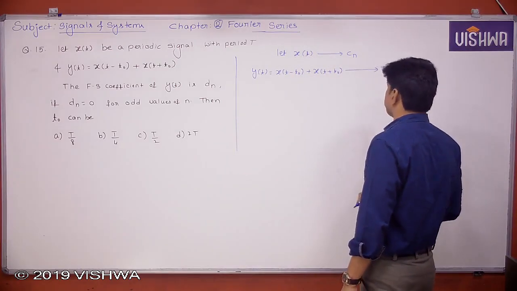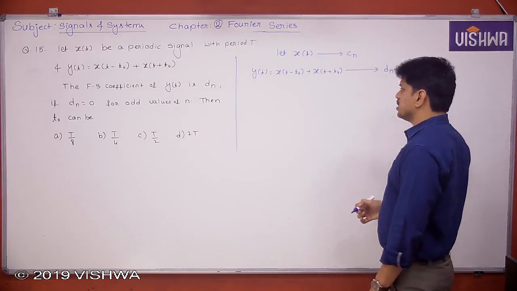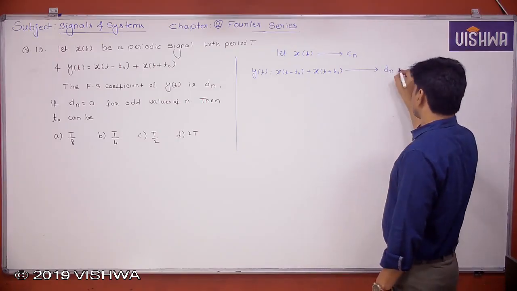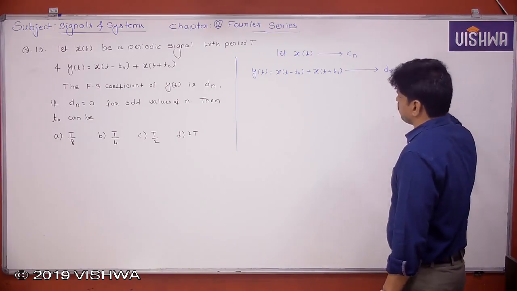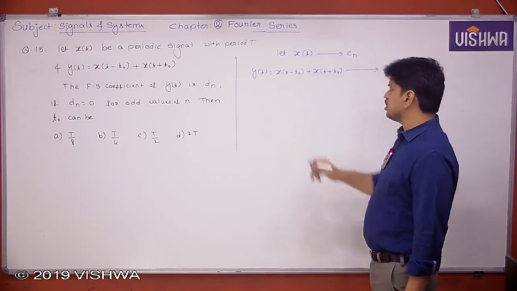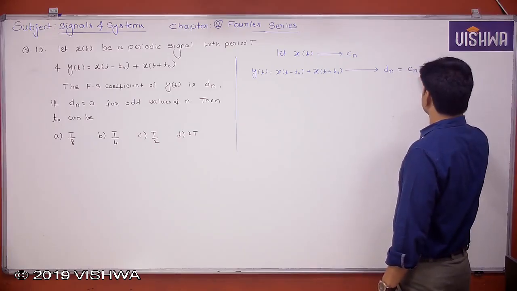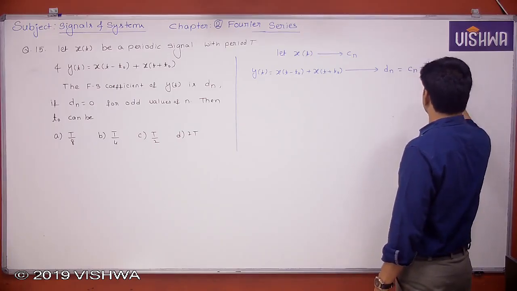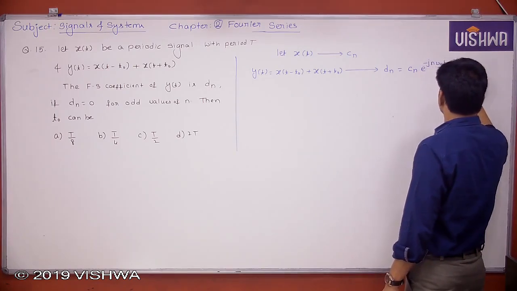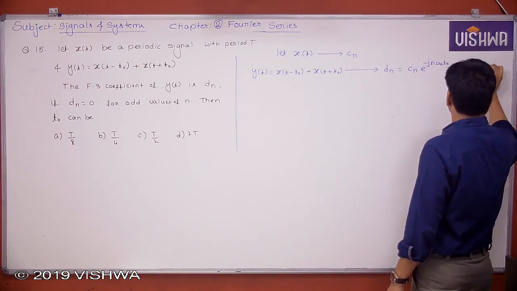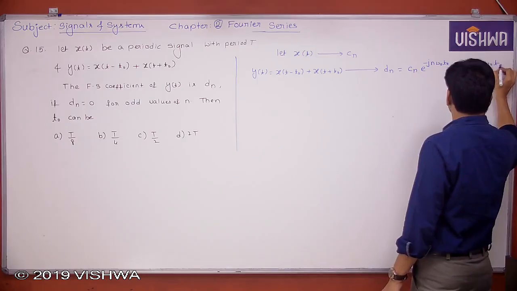Can you write dn in terms of Cn? By using the time shifting property, we can write this as Cn e power minus jn omega naught t naught plus Cn e power jn omega naught t naught.